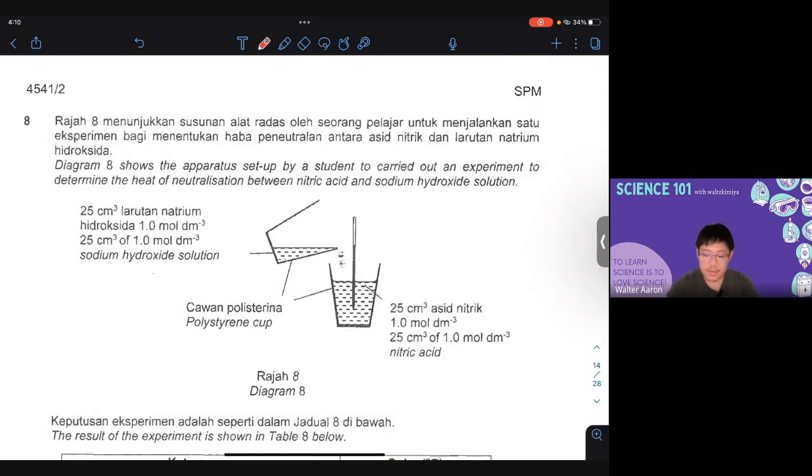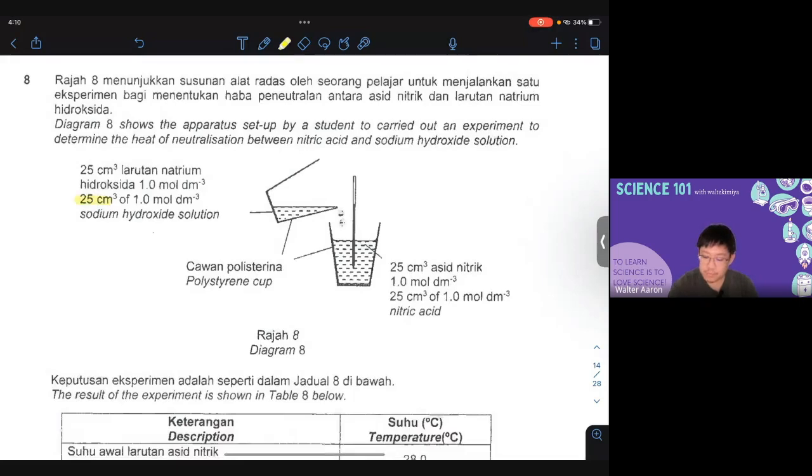So we have equal volume and concentration. Since this is a monobasic base and this is a monoprotic acid, it should be just enough to react with each other. So that's the good part about that.